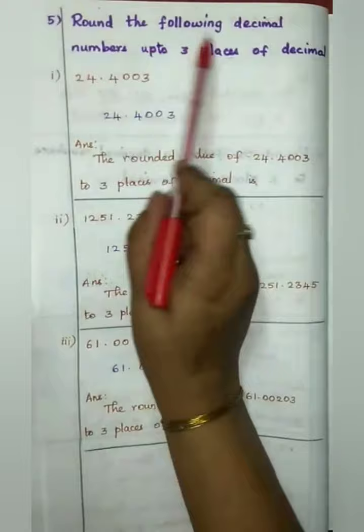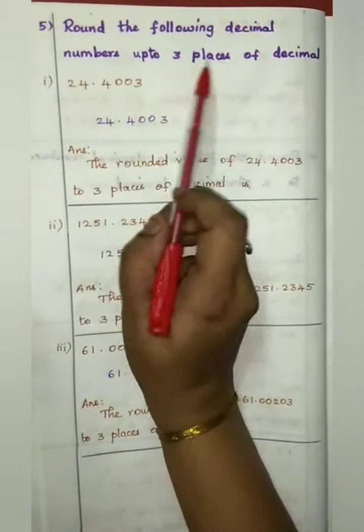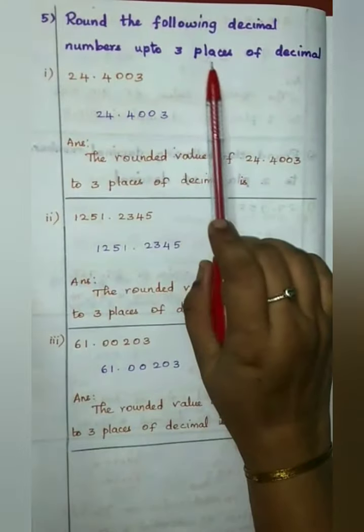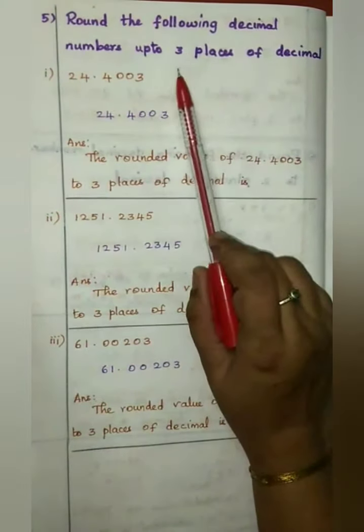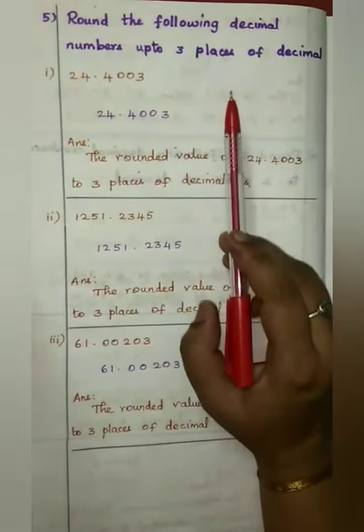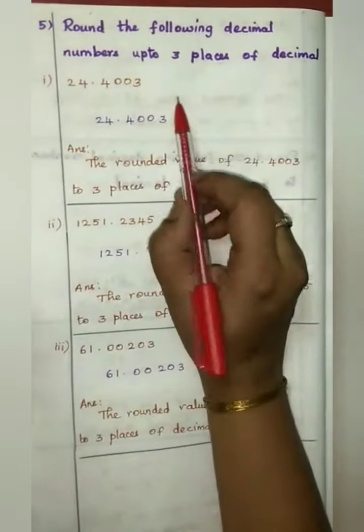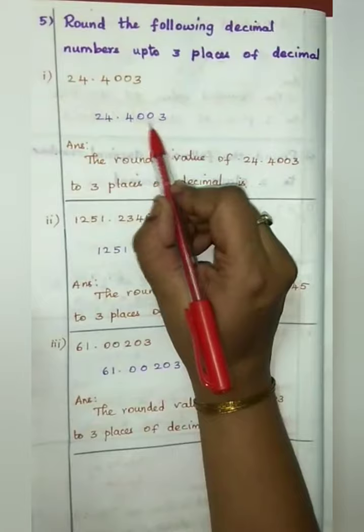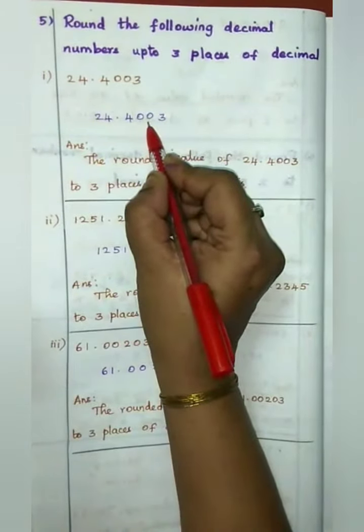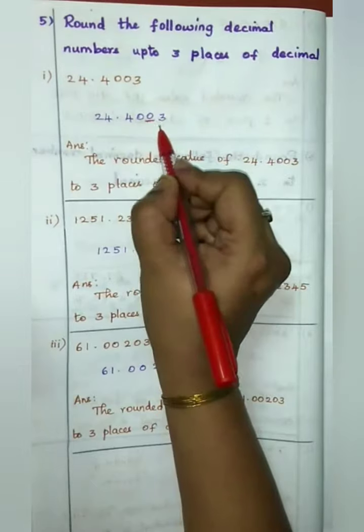Fifth problem, round the following decimal numbers up to 3 places of decimal. Round up to 3 places of decimal means round to the nearest thousandth place. So underline the digit in thousandth place. Here we have 0 in thousandth place.